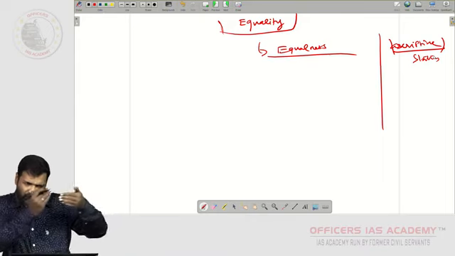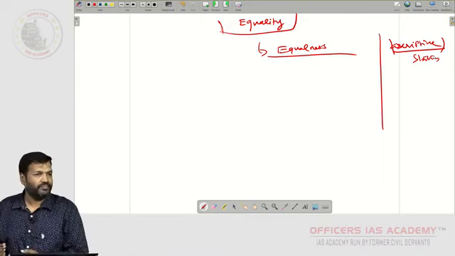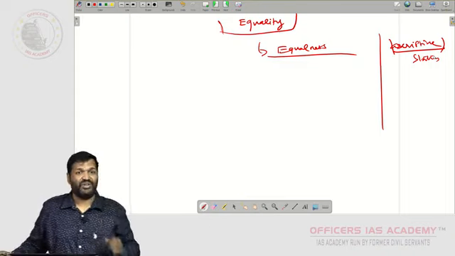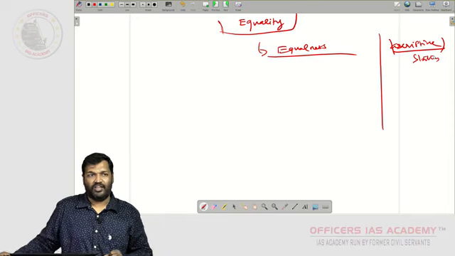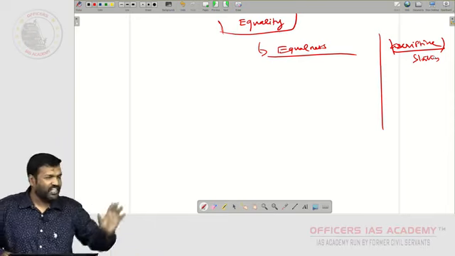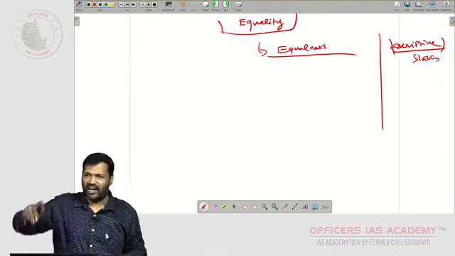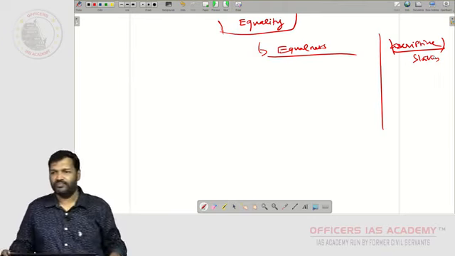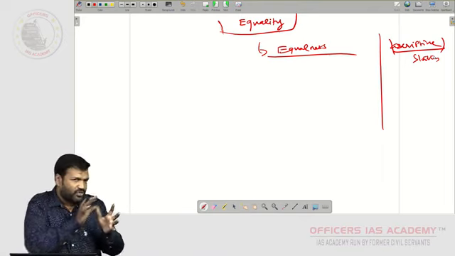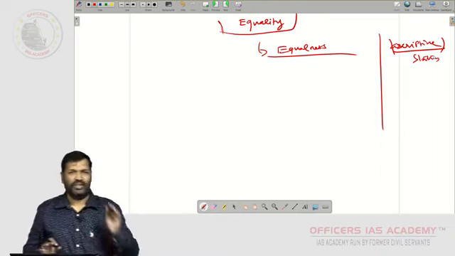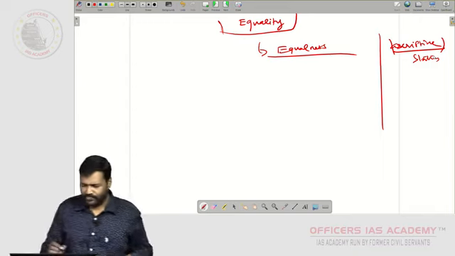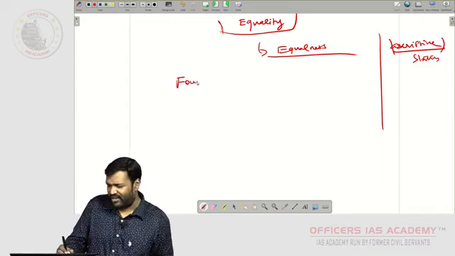Slowly and steadily, the writings also started to become a little bit secular. The concept of natural rights started to come. In the kingdom of nature, all are equal. Nature cannot give one person privilege and another person oppression. So some kind of equalness started to be conceived. The first kind of equalness that was conceived was called foundational equality.